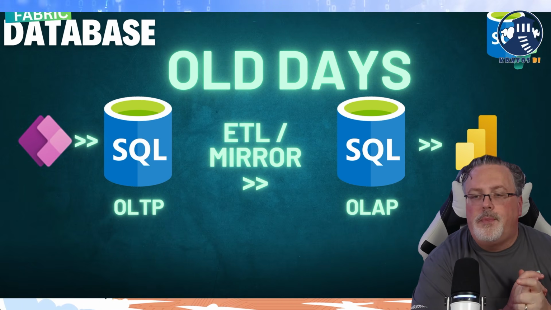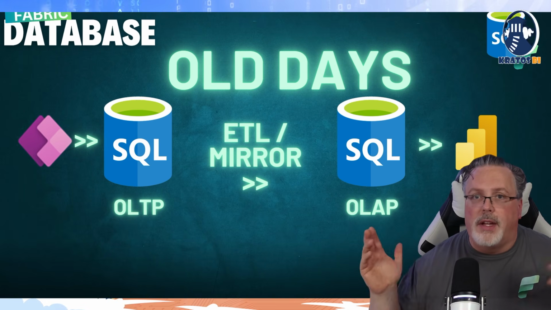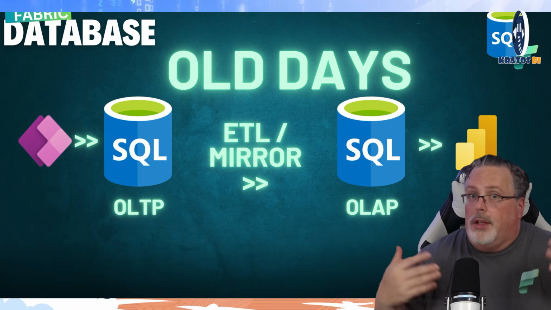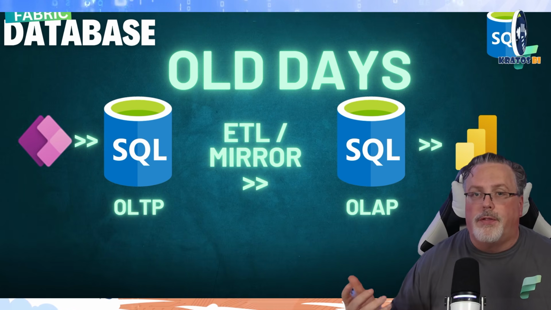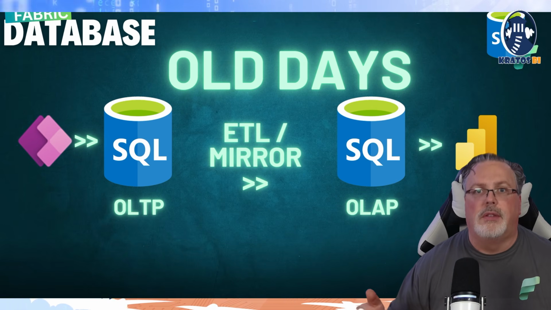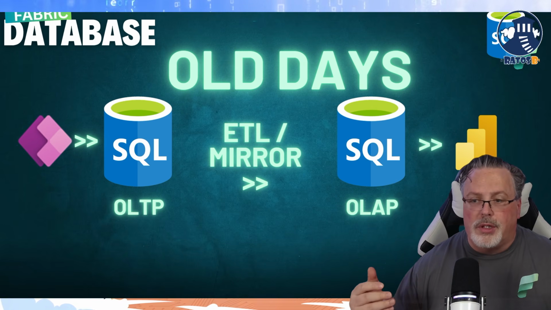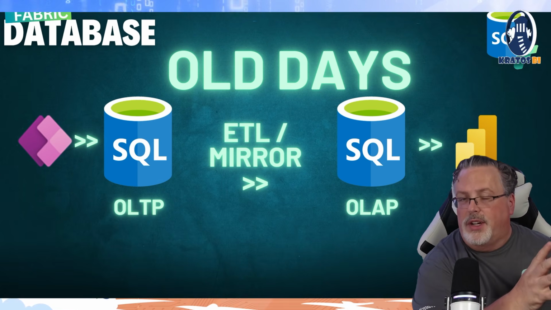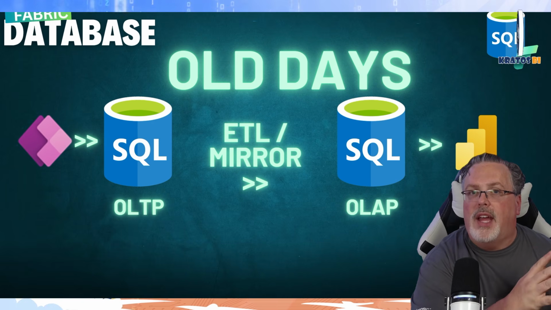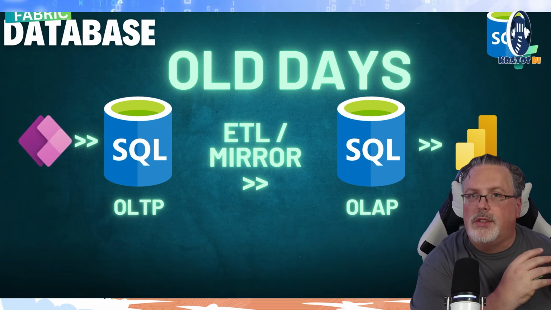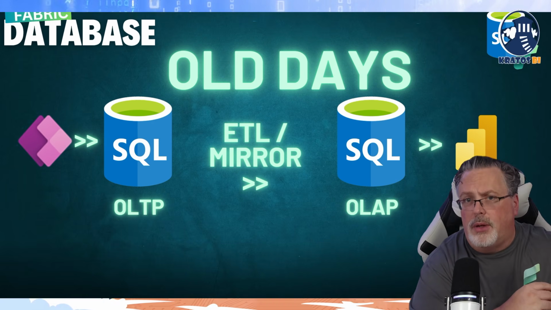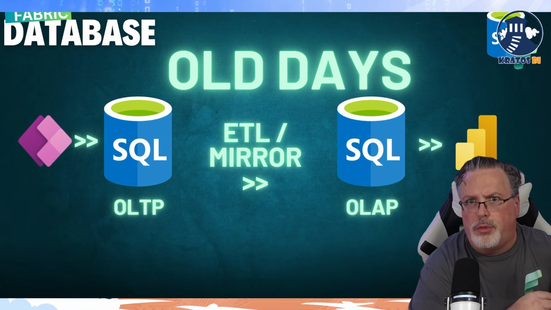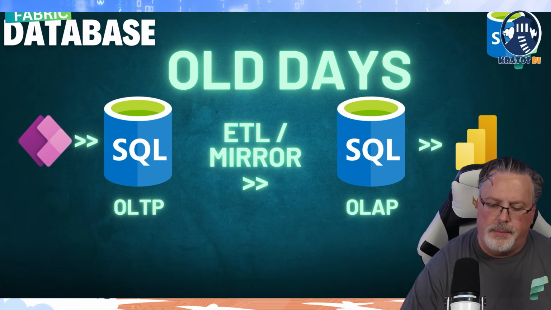This is very common. In fact, every place you went, you just did that par for the course as part of setting up your warehouse. Even if you weren't standing up a full-on warehouse, you'd at least have a reporting server that was a mirror copy, so that any of your paginated reports or any of your longer running processes could run against that.